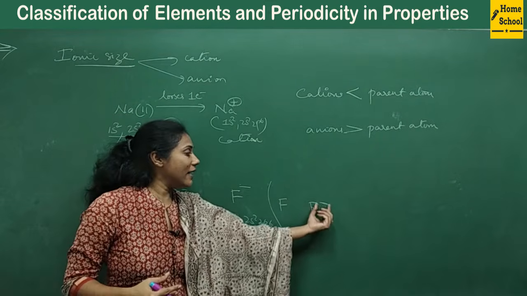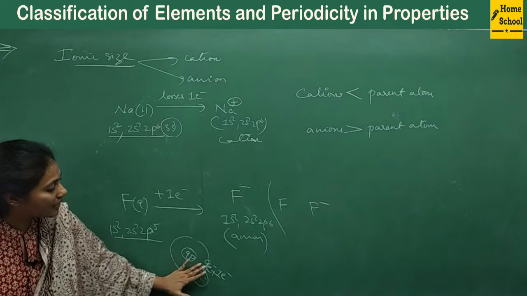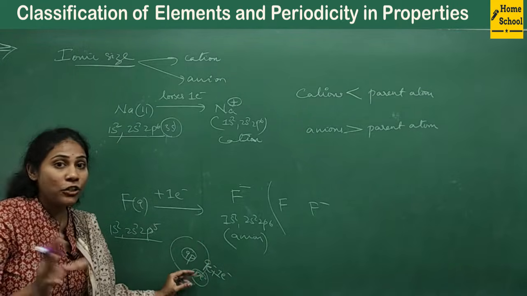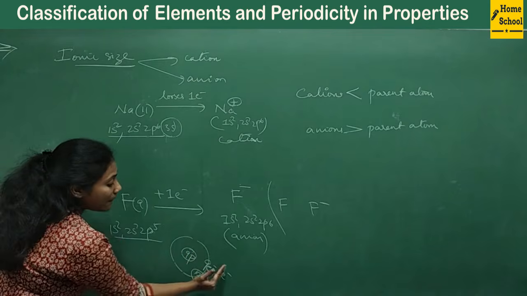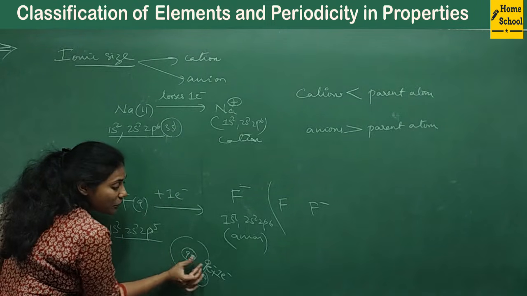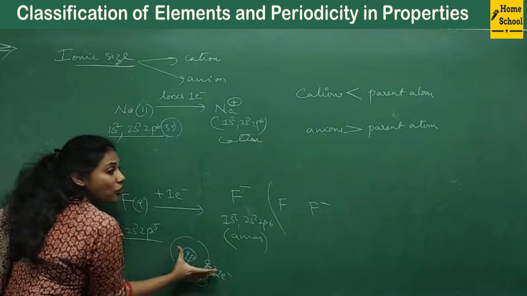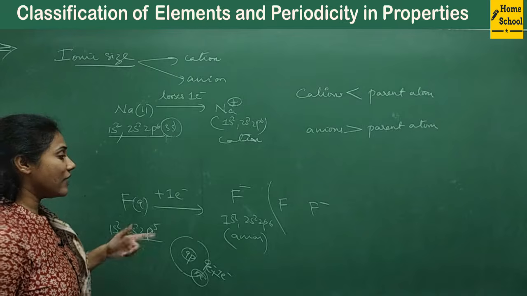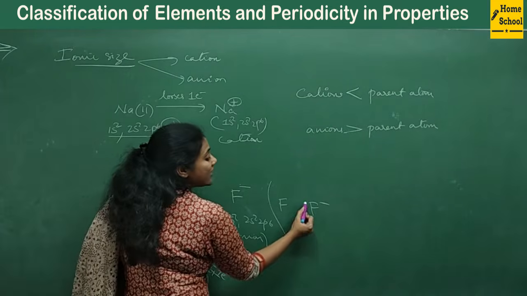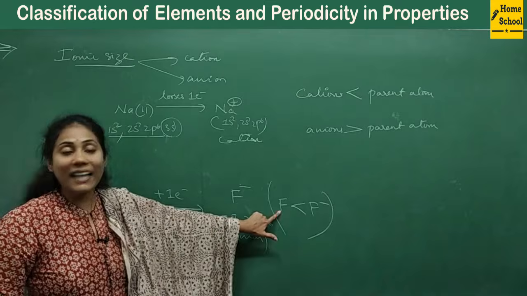See, F minus, more electrons are there, right? If more electrons are there, more repulsion you will observe. Since more repulsion is there, you will not expect so much attraction from the nucleus on the outermost shell. The shell goes away and away. So atomic size increases. So that way we say, anions are always greater in size than the parent atom.